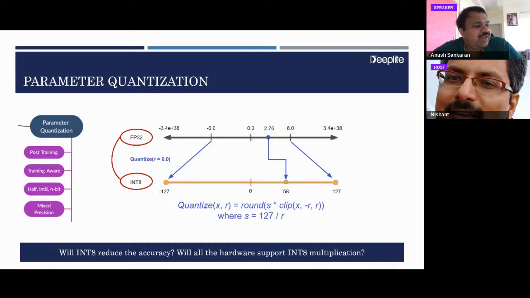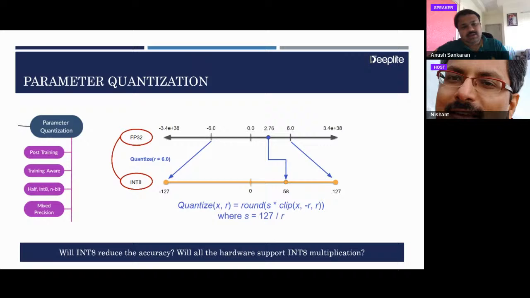As a matter of fact, for the most popular CUDA architectures, the CUDA compiler itself doesn't support int 8 multiplication. What happens is, for example, if I quantize a model to int 8 precision, reduce the model size by 4, and give it to a CUDA based compiler, which is what we typically use in PyTorch or TensorFlow, CUDA internally explicitly typecasts these values from int 8 back to FP32, performs the matrix multiplication in FP32, and then typecasts it back to int 8 and gives you back the results.